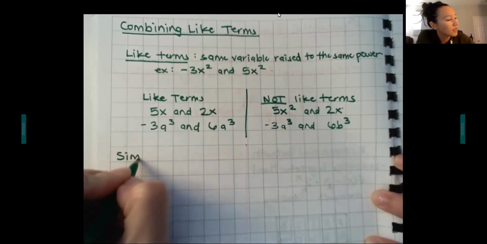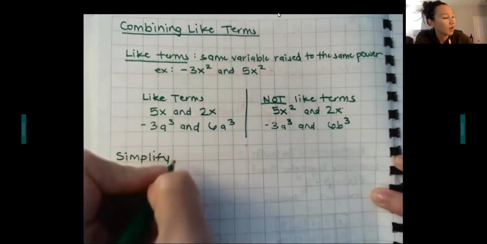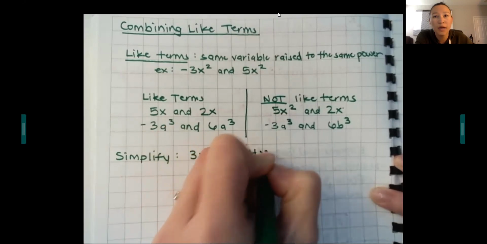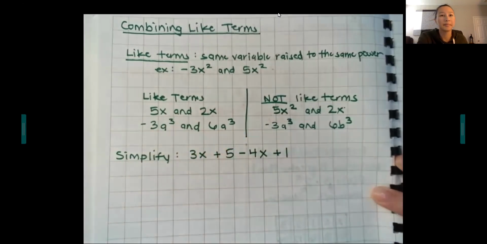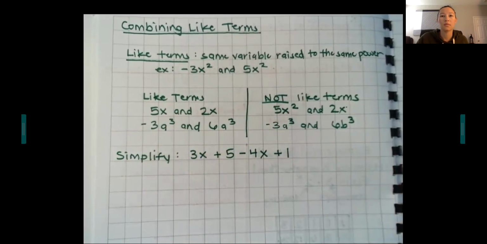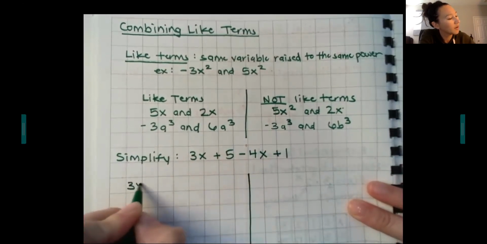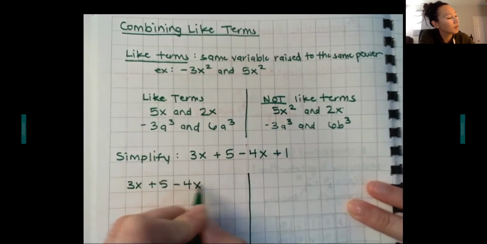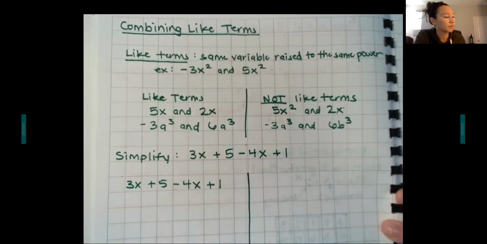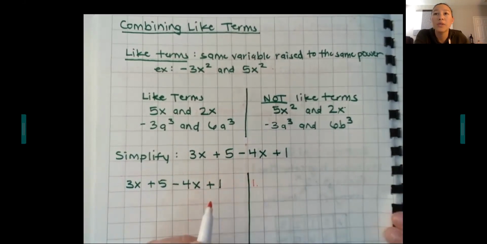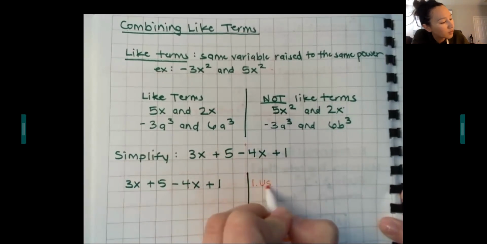Okay, so let's practice. If we have to simplify something like 3x plus 5 minus 4x plus 1, just copy it down here. So the first thing we're going to do is use different shapes to identify like terms.